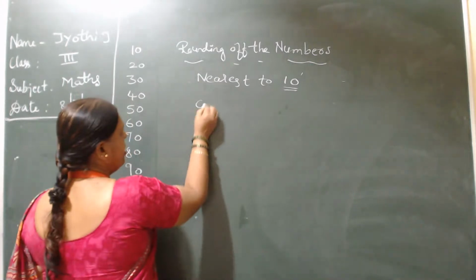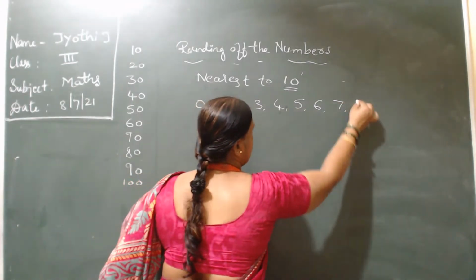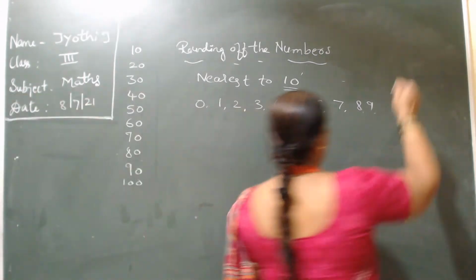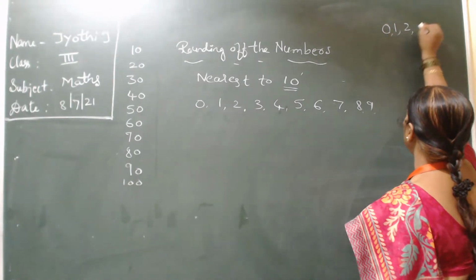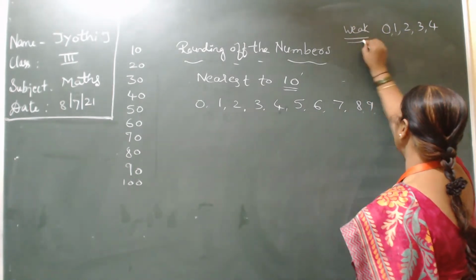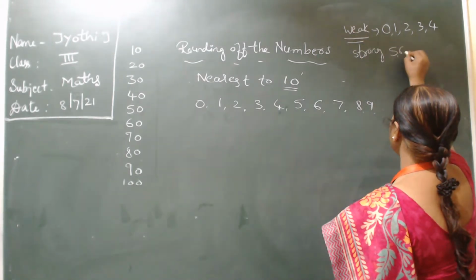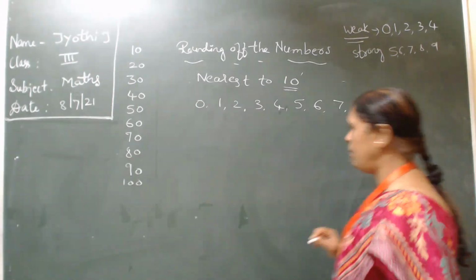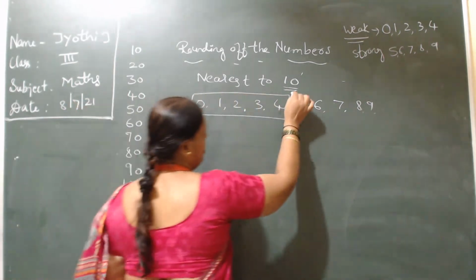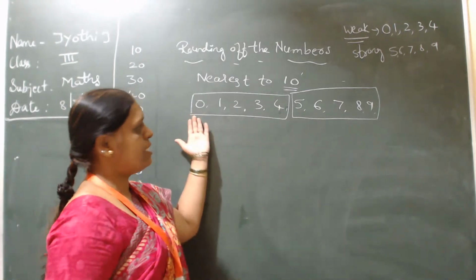I wrote all the numbers from 0 to 9. 0, 1, 2, 3 and 4 are the weak numbers, and 5, 6, 7, 8 and 9 are the strong numbers. I made two groups here: the weak numbers, 0 to 4, and the strong numbers.